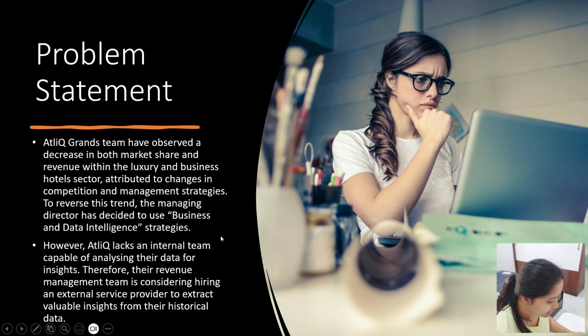To reverse this trend, the management director wanted to find some data insights with data intelligence strategies. However, AtliQ lacks an internal team with the caliber to analyze this data. So they are considering hiring an external provider to identify valuable insights. We will be playing that external service provider in this presentation.